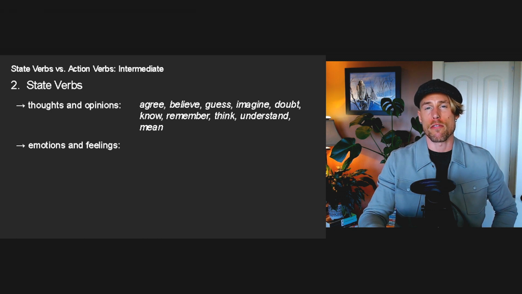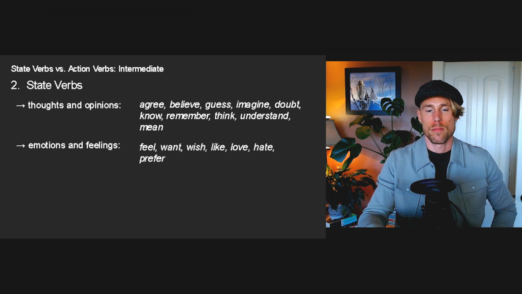What kinds of verbs do we use to discuss our emotions, our feelings about different things, different topics, different situations? Verbs such as feel, want, wish, like, love, hate, prefer. These verbs discuss emotions and feelings.